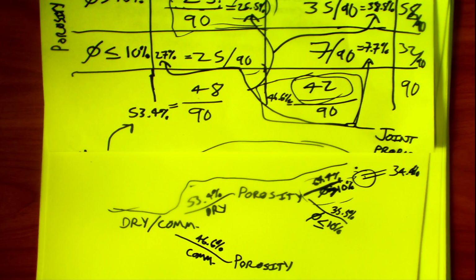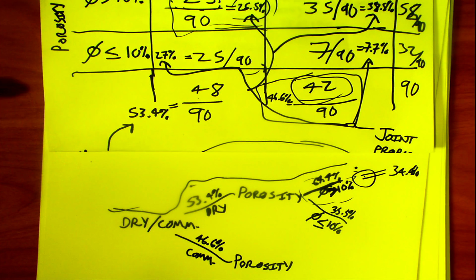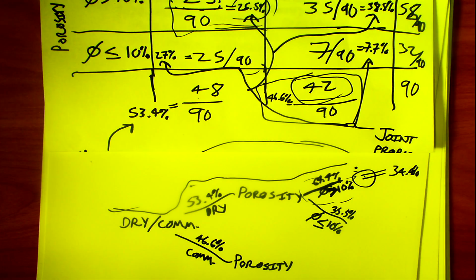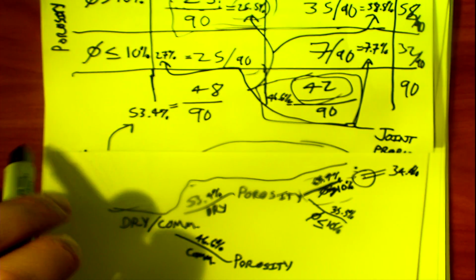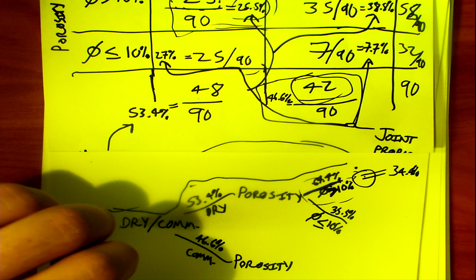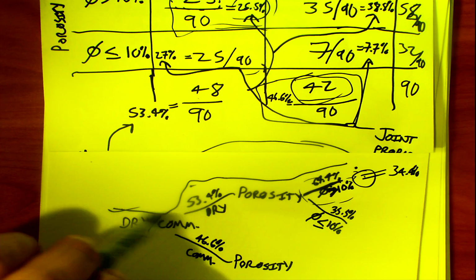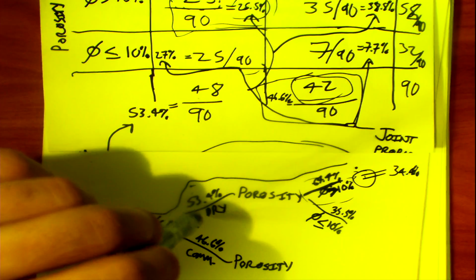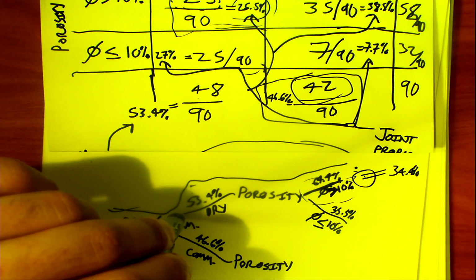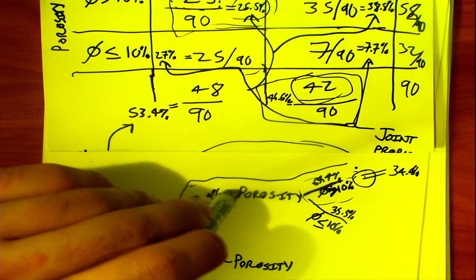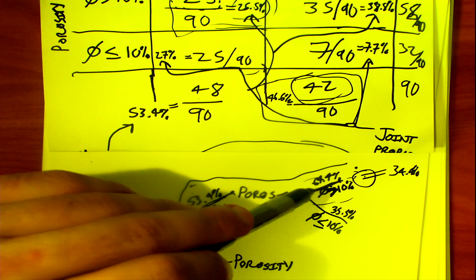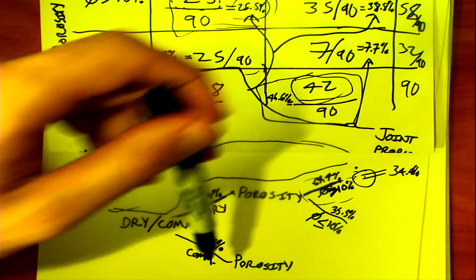But this is the idea that you want to go with: if you have some sort of decision tree like this, the probability that you assign to each branch would depend on the combination of the events.